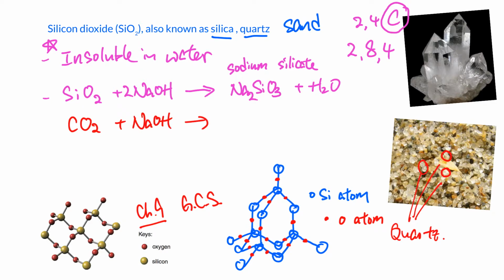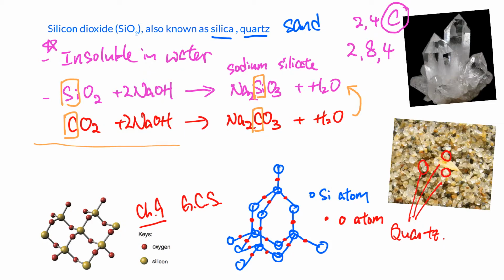When you have carbon dioxide and sodium hydroxide mixed together, you get sodium carbonate and water. If you can balance this one, you just replace the C with an Si, then you get the equation. Got it? If you find the first one difficult, use the second one, and then you will find the first one easier. This is how silicon dioxide reacts with the alkali to form sodium silicate.